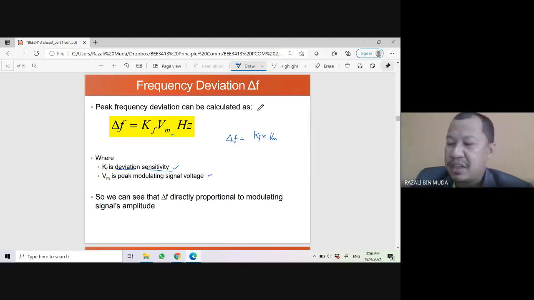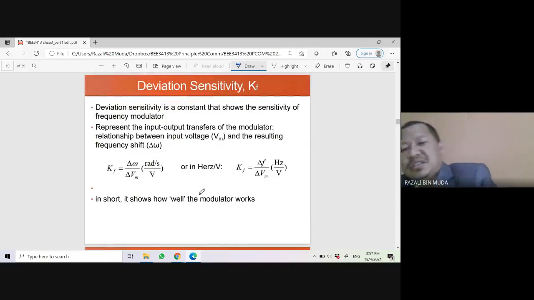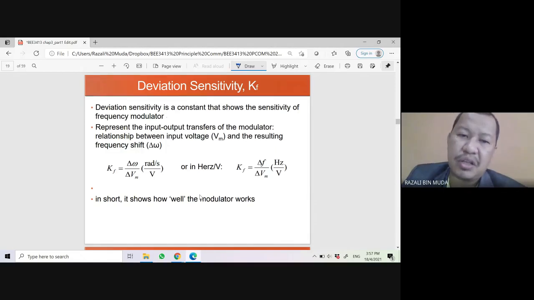So we can see that delta F, frequency deviation, is directly proportional to the modulating signal amplitude, Vm. What is deviation sensitivity? Deviation sensitivity is a constant that shows the sensitivity of the frequency modulator.